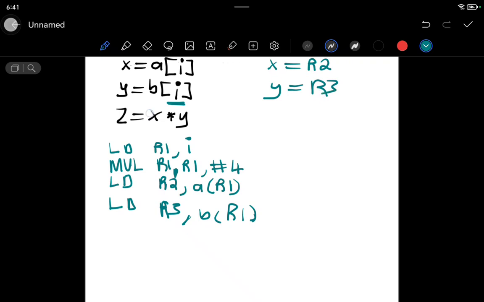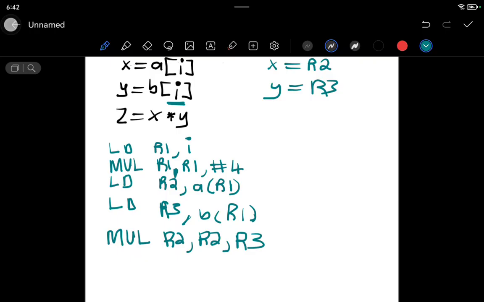So I must multiply X and Y, right? So I'm going to say multiply. And what comes first? Whatever came first is X, so X is R2. So I'm going to store whatever I'll be doing into R2. So I'm multiplying R2 and R3.